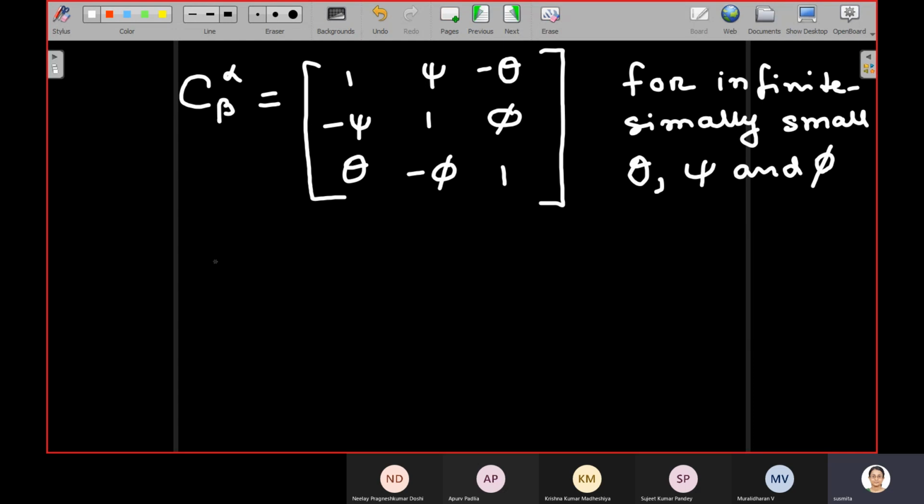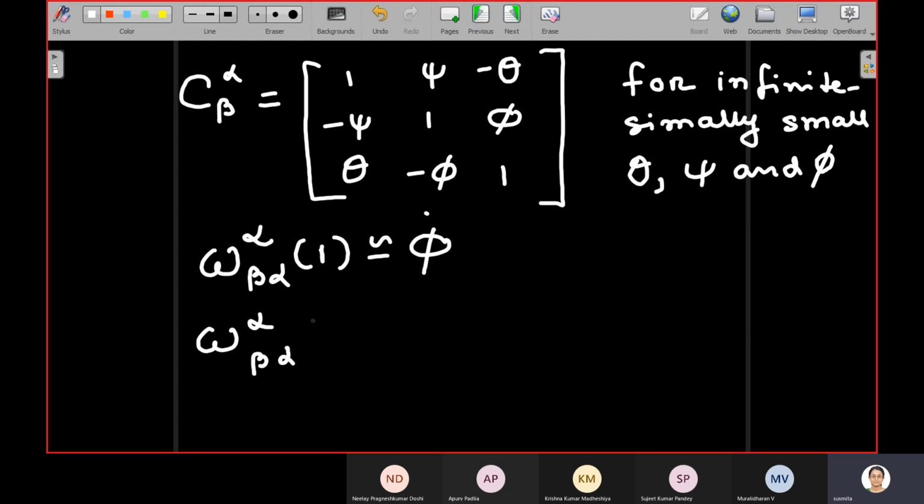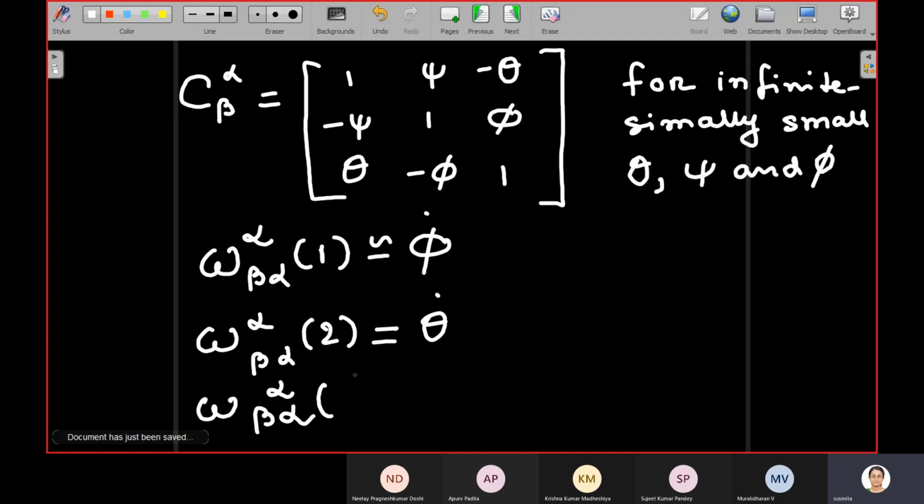And then from the time derivatives of the Euler angles, we found the roll rate. So this you can write as this one.